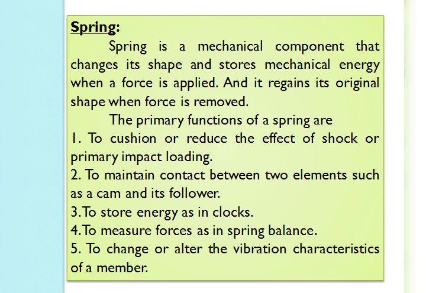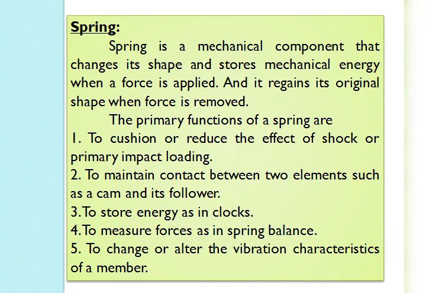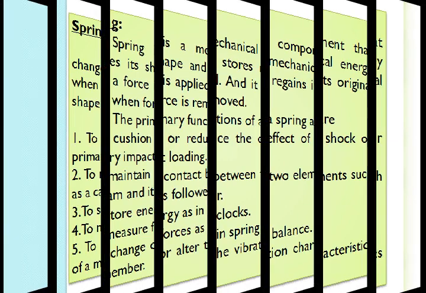Now the primary functions of a spring are listed as follows: to cushion or reduce the effect of shock or impact loading, to maintain contact between two elements such as a cam and its follower, to store energy as in clocks, to measure forces as in a spring balance, to change or alter the vibration characteristics of a member.